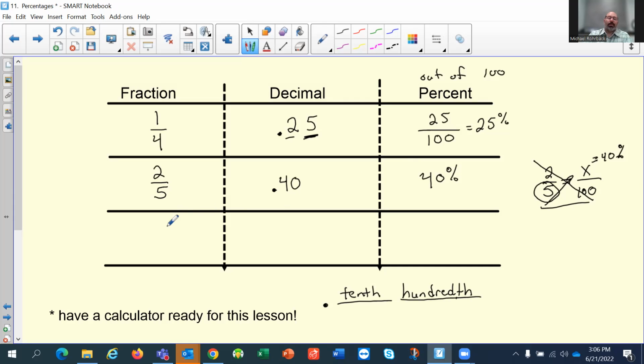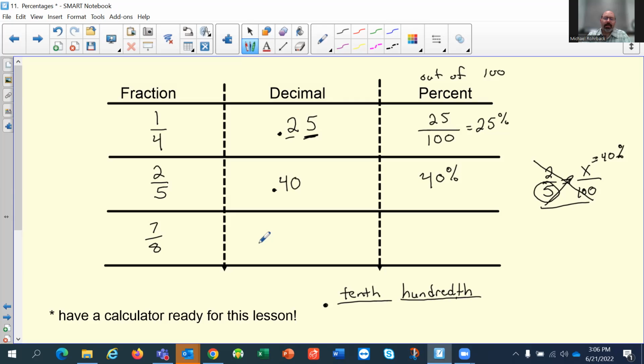All right, one last one with a fraction. Let's try one that's a little different. Let's go with 7/8. Now we could go decimal first or percent first. It doesn't make any difference. So let's do decimal first. Go 7 divided by 8. If you want to pause to get ahead of me, that's fine. 7 divided by 8, enter.